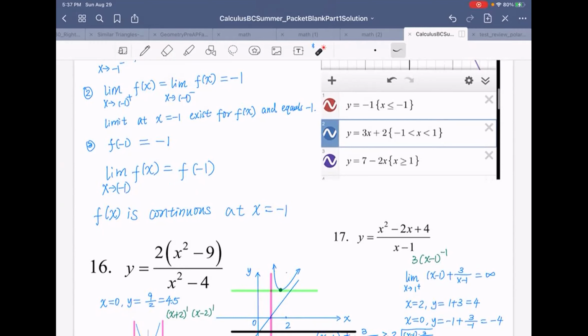Would it be x minus 1 with the remainder? Yes. Plus 3 over x minus 1? Very good. That's it.